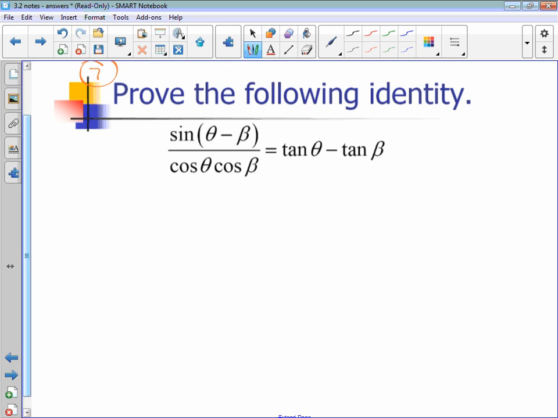Go ahead and try this one. A little more going on in it. You're going to use the formula to expand that numerator, and then let's see if you can simplify to turn that side into the right. It looks scarier than it is, I promise.